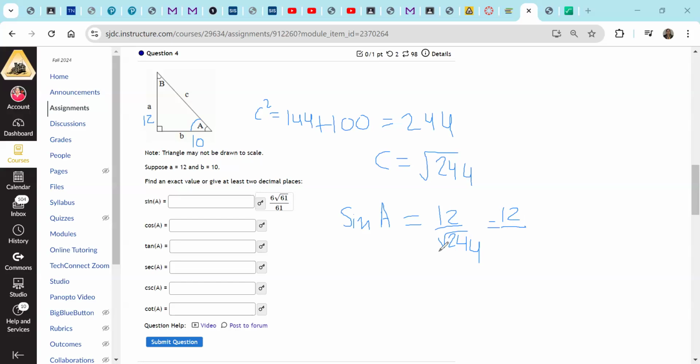Would that be 244? Check that on the calculator. So this 244, they have broken down to 4 and 61. That 4 square root is 2. 2 divided by 12 is 6. So that gives them 6 over square root 61.